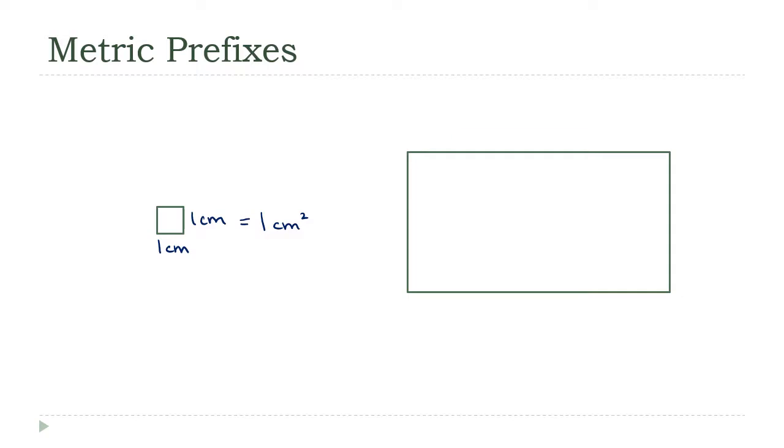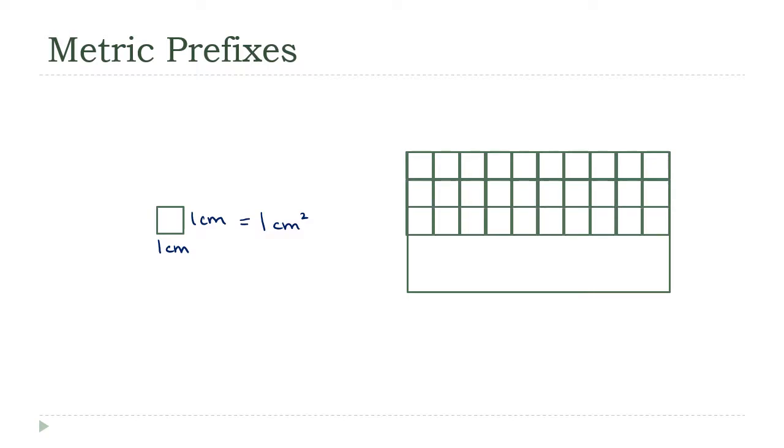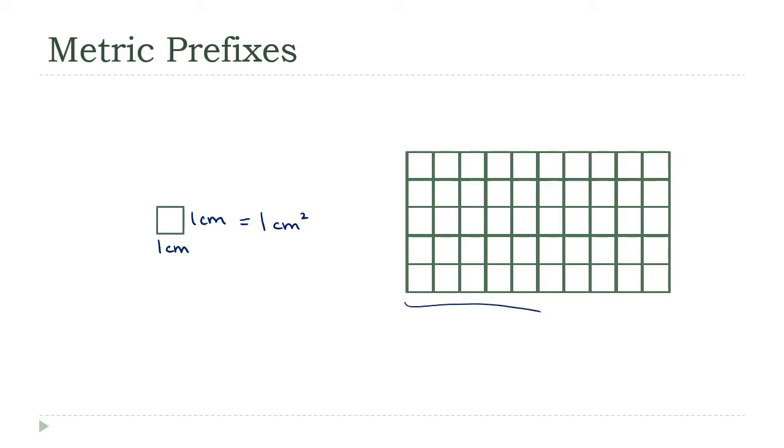So how can I expand this? Right now I've got this box over here, and I want to know what the area of this box is. Well, the area of this box is equal to the number of these little 1 by 1 boxes that I can fit into it. So I've got 10 boxes here on the bottom, and 5 boxes here along the side.